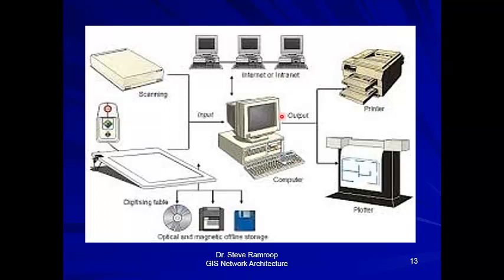Connected onto the server, you have a scanner, and a digitizing board with a digitizing puck. You also have the ability to store data and share that data via the server, where all of these clients can have access to the relevant data set, of course going through the necessary protocol of who has the read-write privileges. It's also connected onto a printer and a plotter.